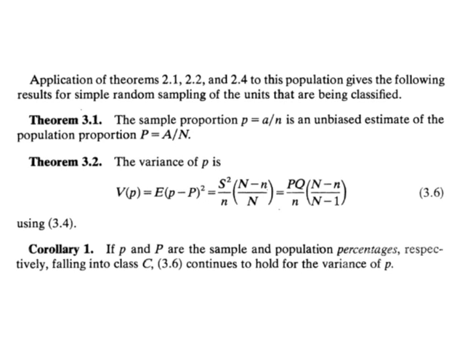The applications of theorems 2.1, 2.2, and 2.3 to the population give the following results for simple random sampling of the units that are being classified.